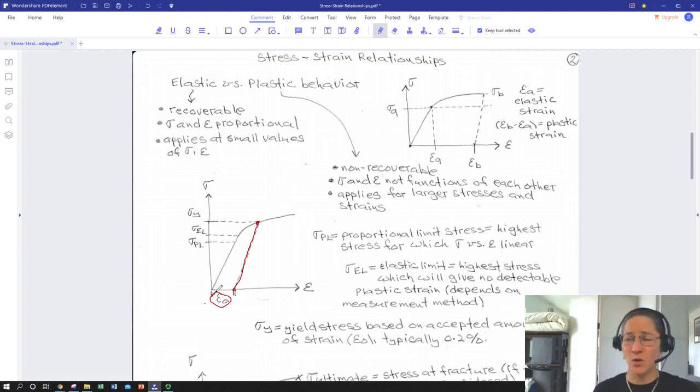That strain is 0.2%. So you basically define the yield point not at the exact point where stress and strain are no longer proportional. You say we're going to allow 0.2% plasticity, 0.2% strain that is non-recoverable, and that's known as the 0.2% offset yield.